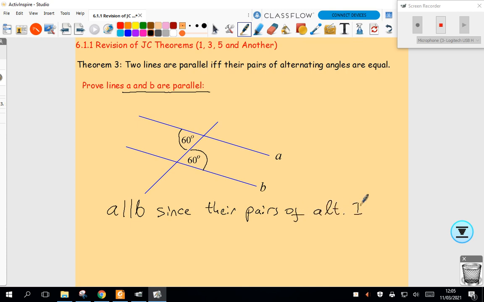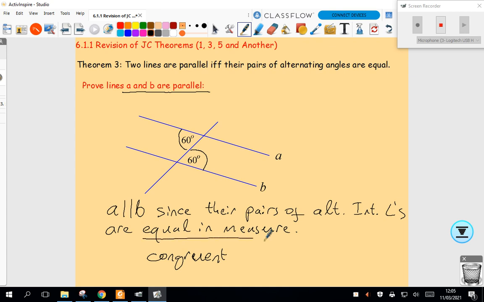Alternating interior angles are equal in measure. Instead of writing the words equal in measure there, I could have written the word congruent, which means identical. So you can write equal in measure there, or you can write congruent. Okay, A is parallel to B since their pairs of alternate interior angles are equal in measure.